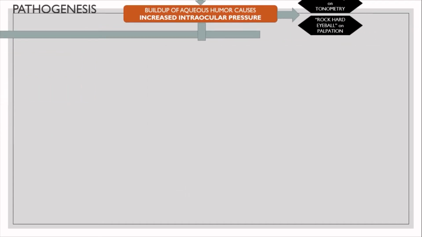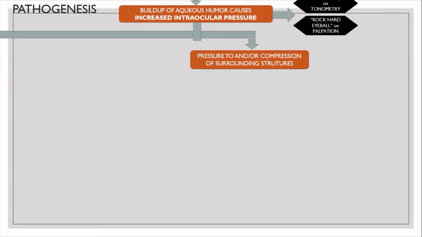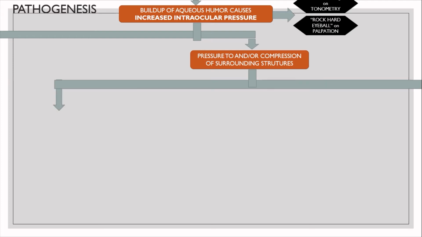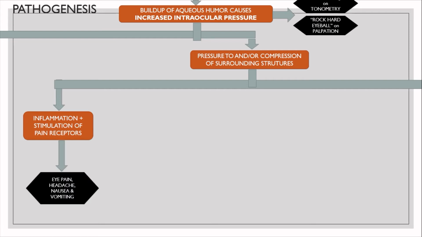Another thing that happens is that the pressure will compress the surrounding structures. One of the effects is the stimulation of pain receptors, particularly in the cornea, which is full of nerve endings. And this can lead to one of the cardinal manifestations of acute angle closure glaucoma, which is eye pain, which may be accompanied by headache, nausea, and vomiting.